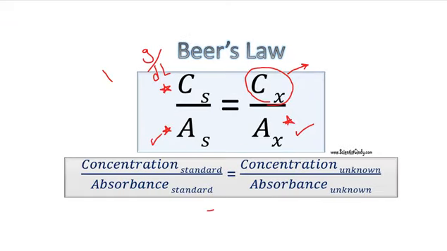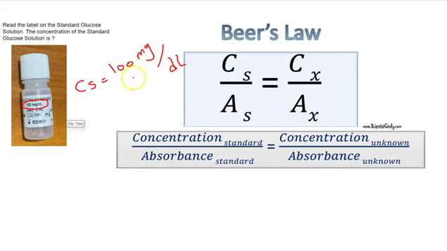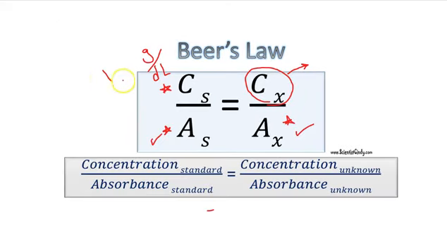So it's important to put the unit. And then let's go back. So here we have 100 milligram per deciliter as the concentration of our standard solution. And also we have these two numbers, where absorbance is unitless. You don't need to have a unit for these two numbers.